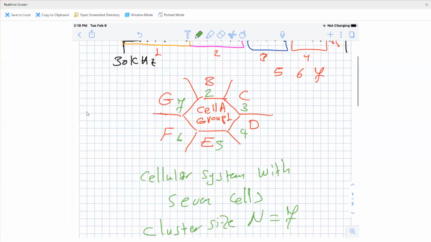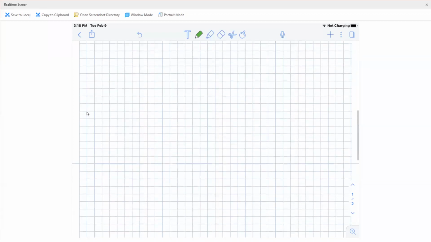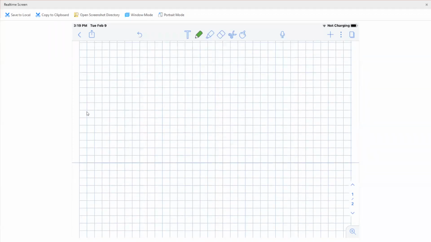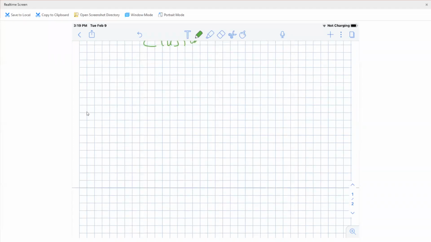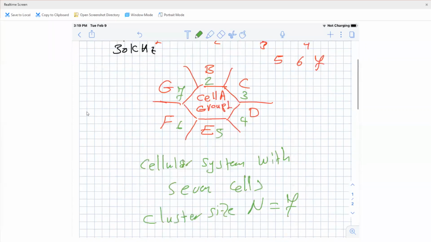Now let us continue. Now I'm going to talk about the frequency reuse to understand what's going on, or what we mean by frequency reuse. Now, how are we going to provide the power? As I have told you before, this example talks about the 7 cells.